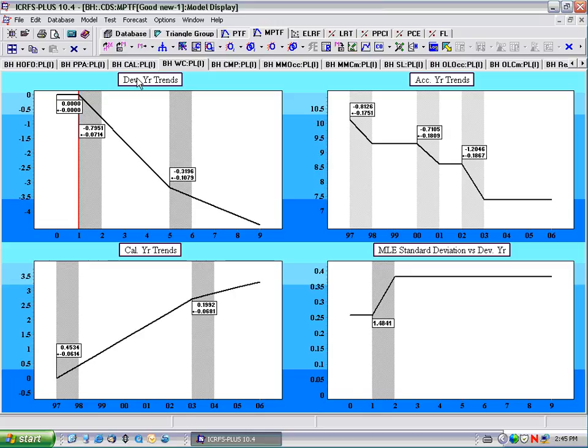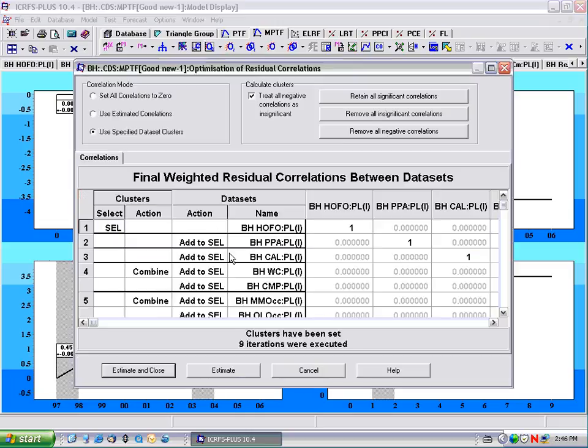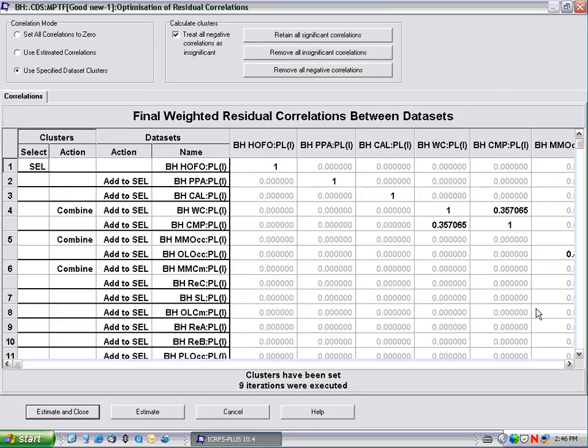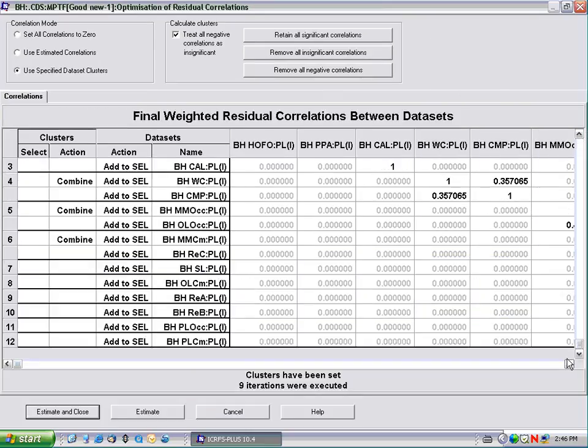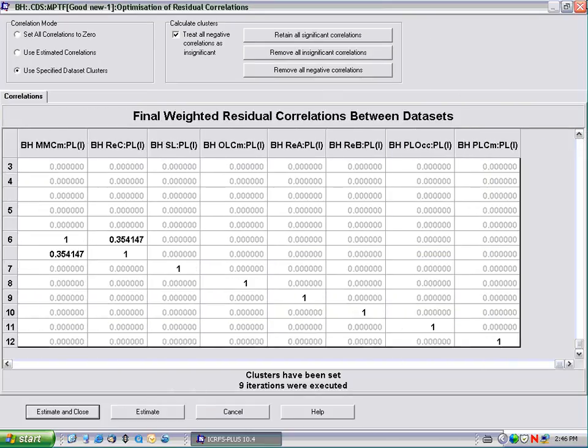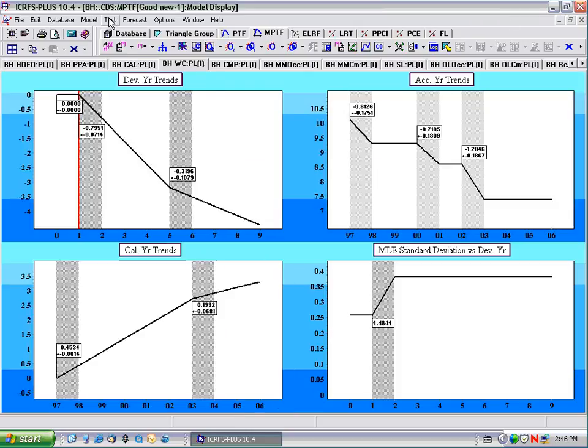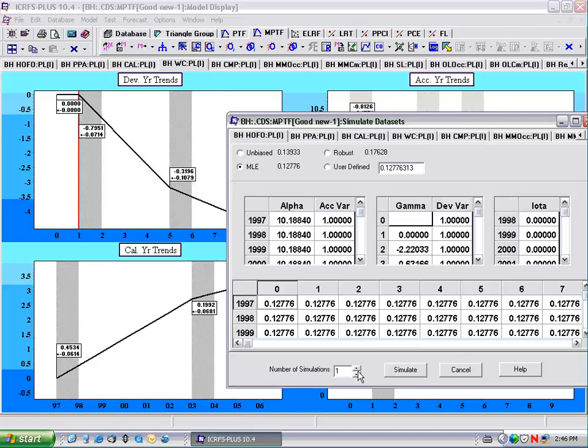Okay, let's simulate. So we're going to simulate from these trend structures, the volatility around trend structure normally distributed, and the correlations. There are very few of those correlations. Very few are in fact significant. Most you can see are zero. Okay? So we go to test, we go to simulate composite. We'll only simulate one composite data set.